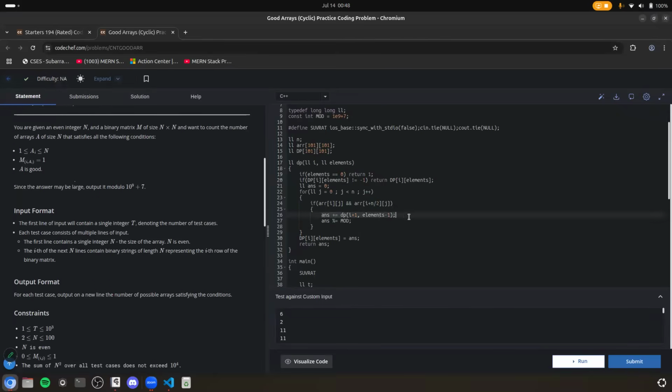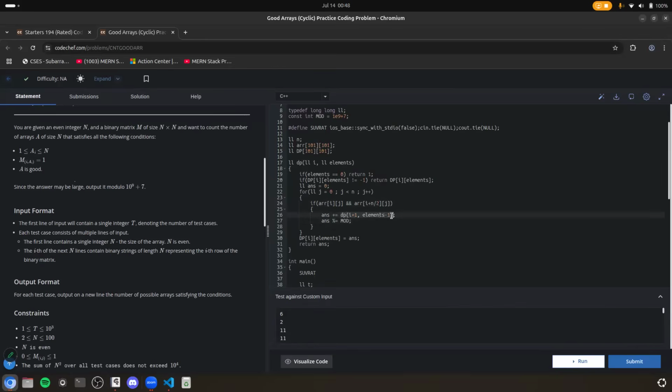So basically, for i comma elements, what I have done is I have iterated over j and found if the array had the same value at i and i plus n by 2. If i and i plus n by 2 both can have the value j, then I have added dp of i plus 1 comma elements minus 1.